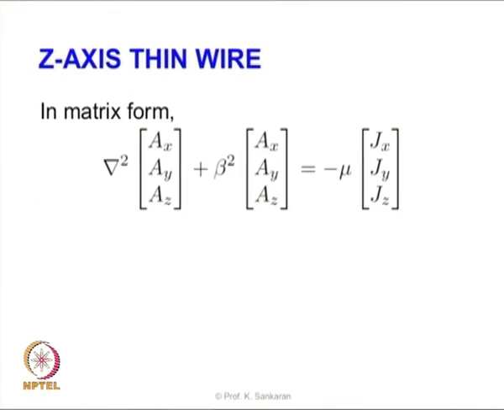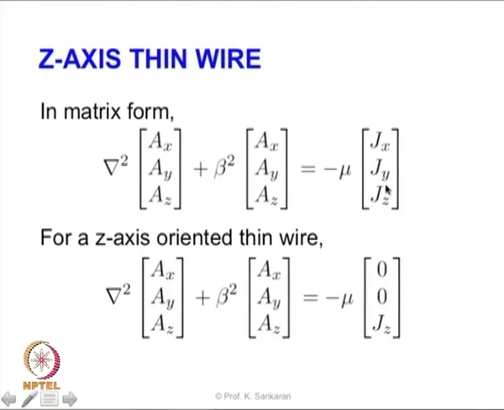For a simple case where we have a Z oriented antenna, where the antenna is approximated as a thin wire, you can assume that the current density is only Jz and Jx and Jy are 0. What you will get is an expression for the thin wire antenna as follows.